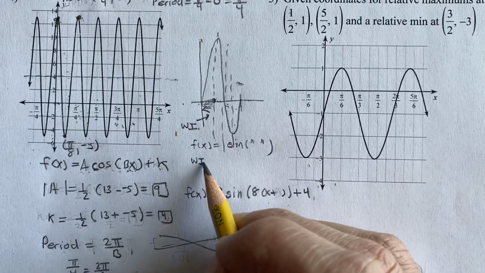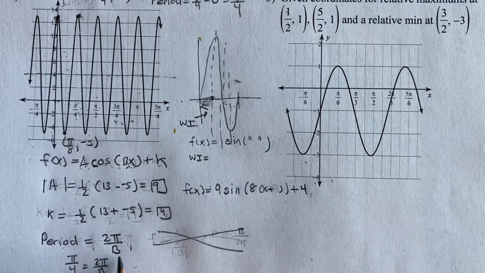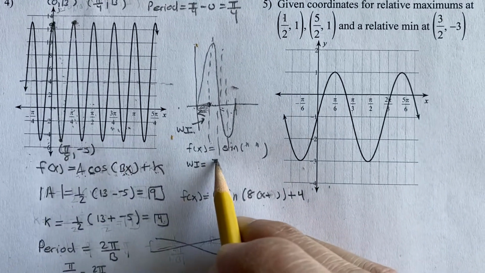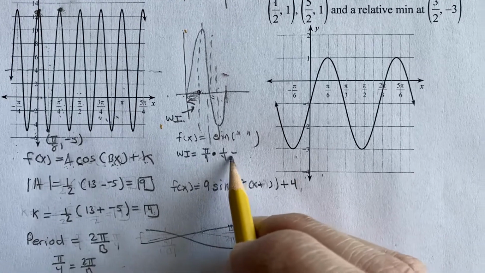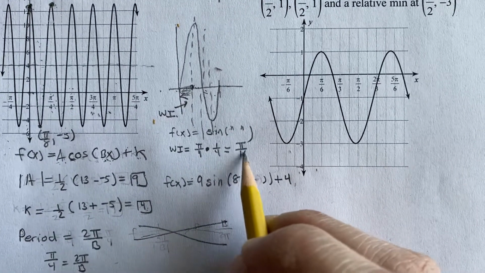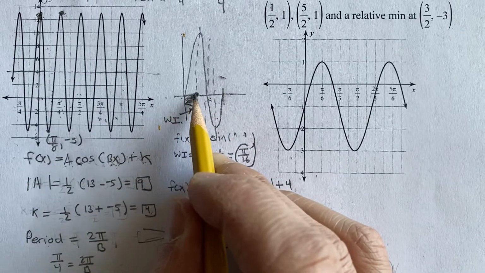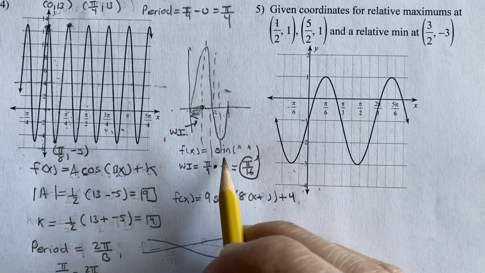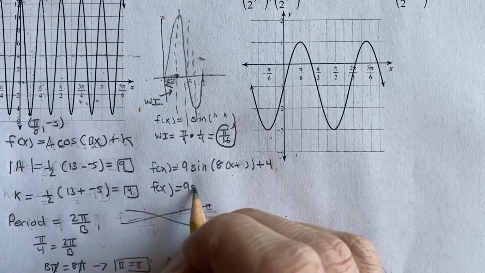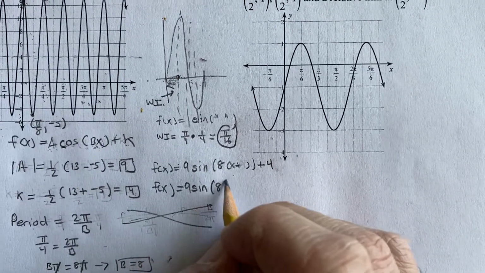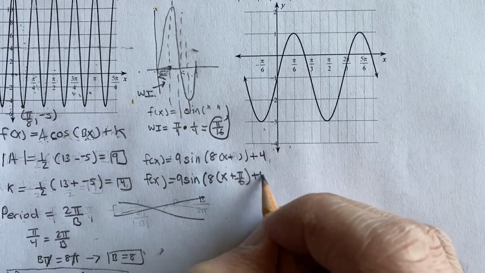So WI is my period, which we calculated as pi over 4, and then chop it up into fourths, which is pi over 16. And so this is the shift of the graph I want if I were to write this in terms of sine. So f of x is equal to 9 sine of 8x plus pi over 16 plus 4.